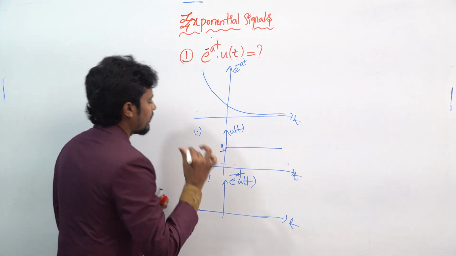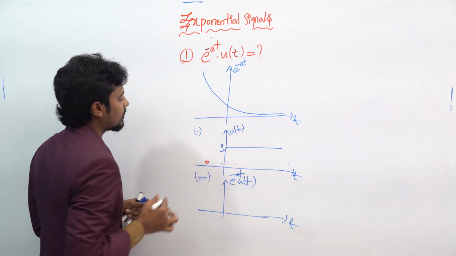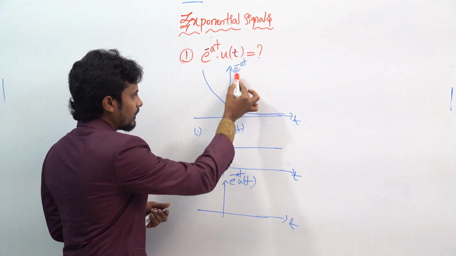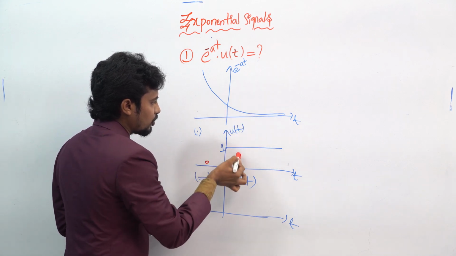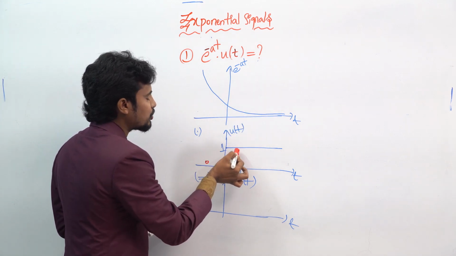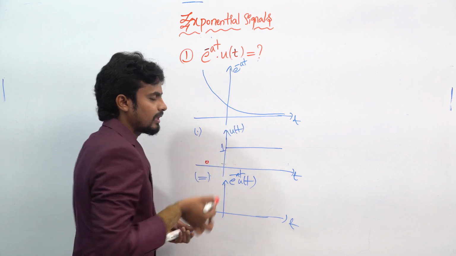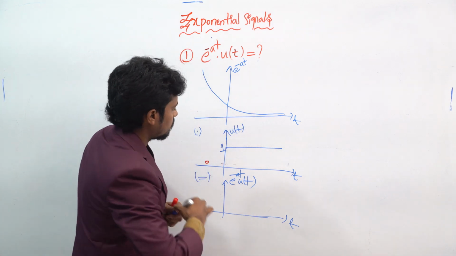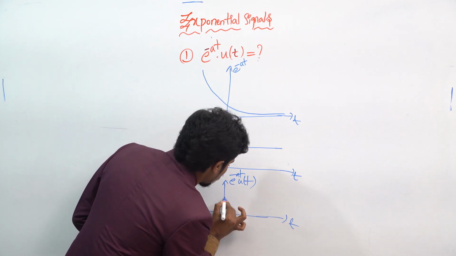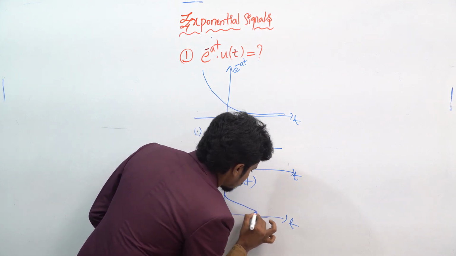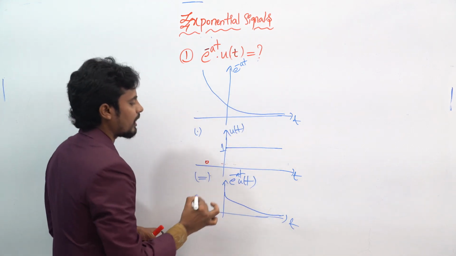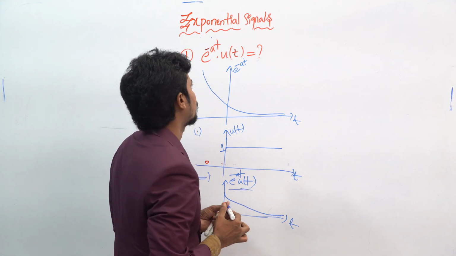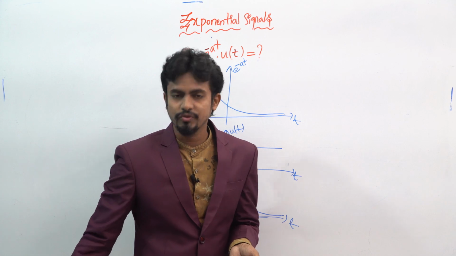If you multiply 0 into anything, you will get 0 only. And here if you multiply this signal with the unit step signal, 1 into anything, you will get that value. So the plot will be like this. This will be the e power minus at into u of t.